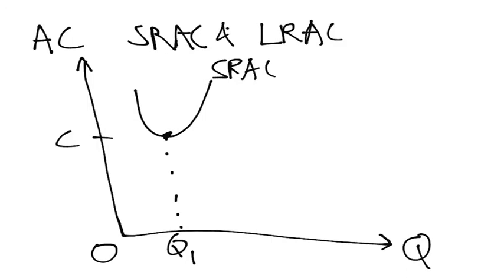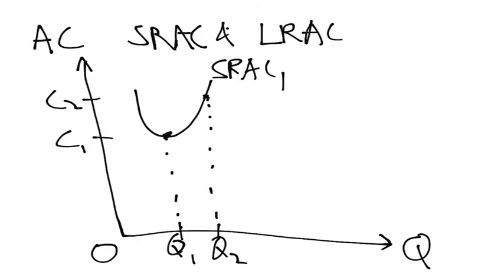Now, let's say that now the demand for the good increases. They need to increase their output to maybe, let's say, Q2 over here. This will increase their cost, right? So now this will increase their cost to C2. So this is something that is not very good to do.